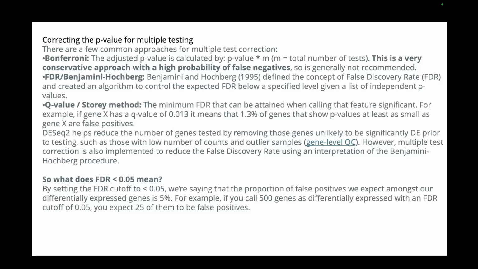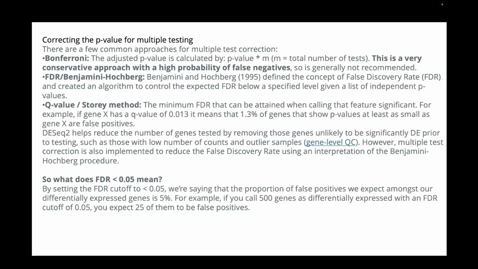So there, if you want to check whether a particular gene is differentially expressed or not, obviously we sort by the log fold change values, but also the FDR should be less than 0.05, which means that the proportion of false positives that we expect amongst our differentially expressed genes is only 5%.